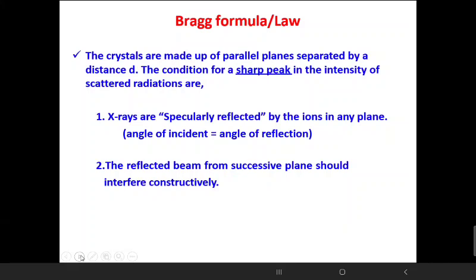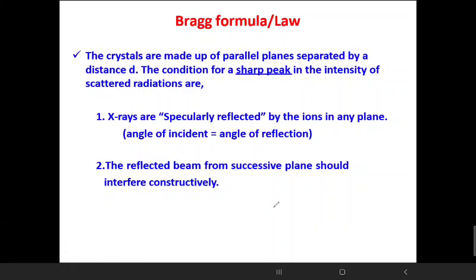So now we will discuss Bragg law or Bragg formula. In the Bragg law, we are going to take two important points. The crystals are made up of parallel planes separated by a distance d.